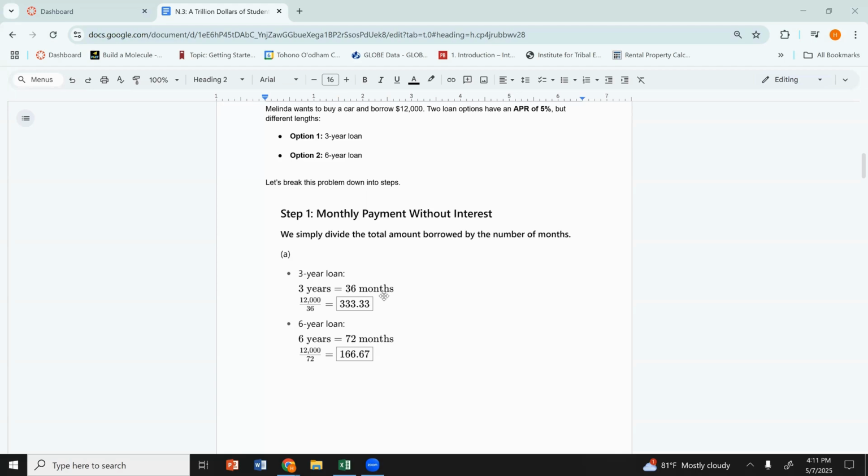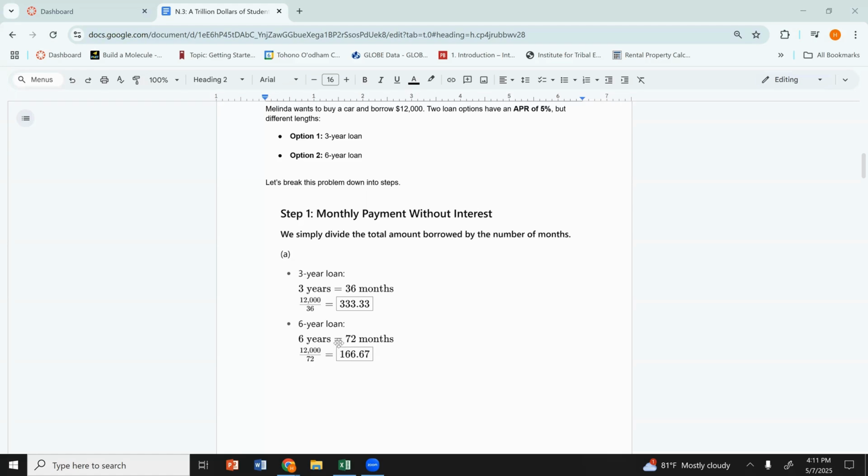We are assuming there's no interest charge. So how much would be the monthly payment? Well, we take 12,000 divided by 36, the total number of months in 3 years. That gives you $333.33, no interest.